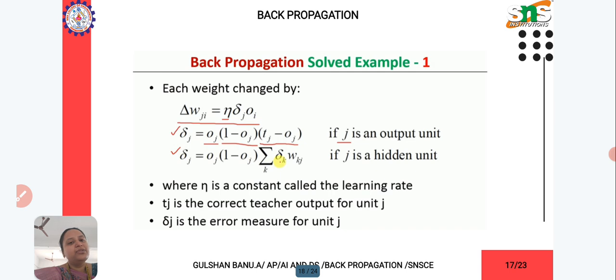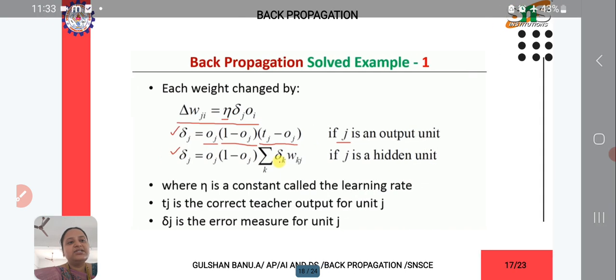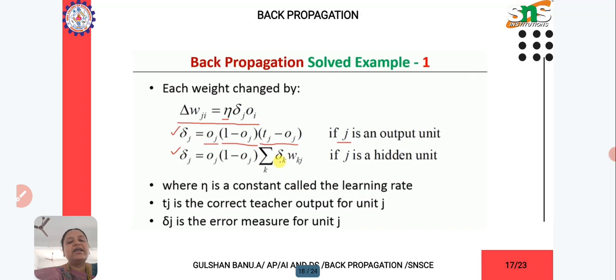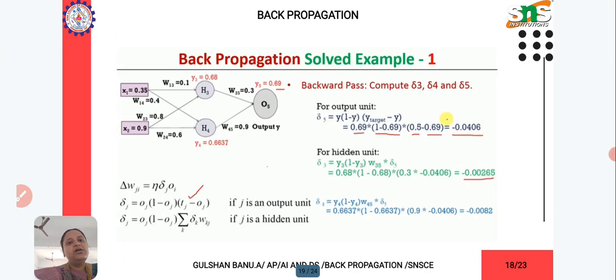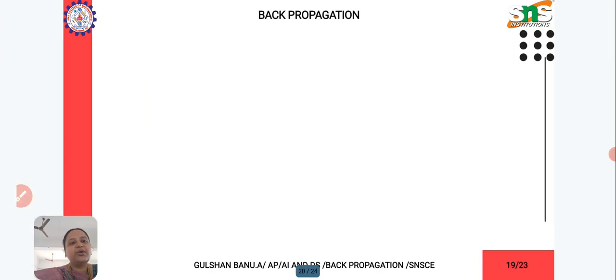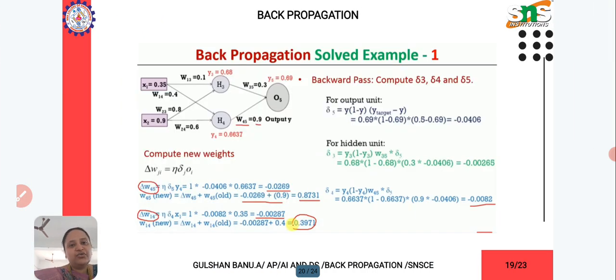Therefore you get 0.19 as the output. Now here eta is the constant called the learning rate, t_j is the correct teacher output for the unit, that is the actual output that you are getting, and the sigmoid function gives the error measure from that. Based on this equation, when you execute it, you get a certain value as minus 0.0082, and that is how you calculate.